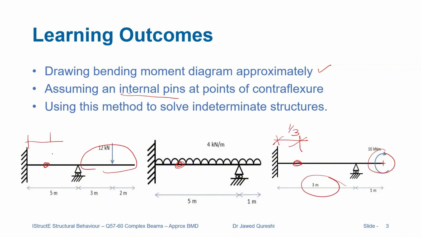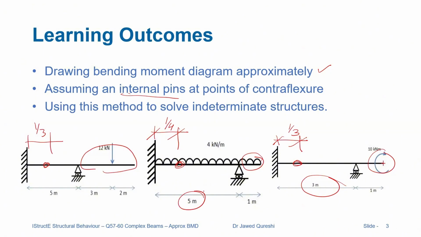In this case, again, it will be 1/3 as well. But when we have loading applied to the entire span and at the overhang portion, in that case, the assumption is about 1/4 of the span.